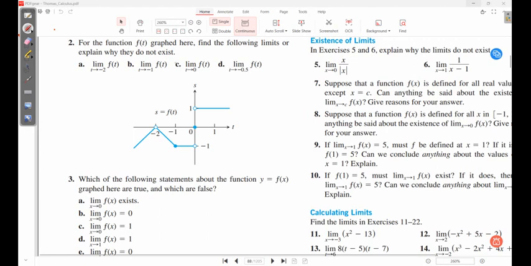Now let's go to C. What's the limit as t approaches 0? Joy says 0. Natasha says 0.